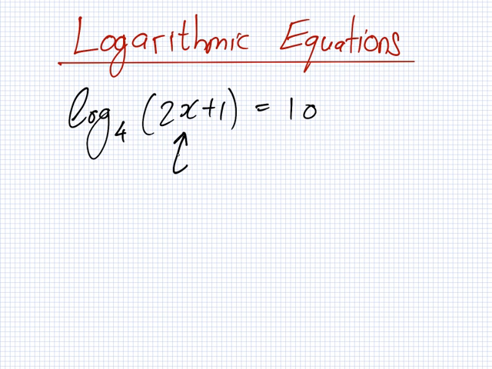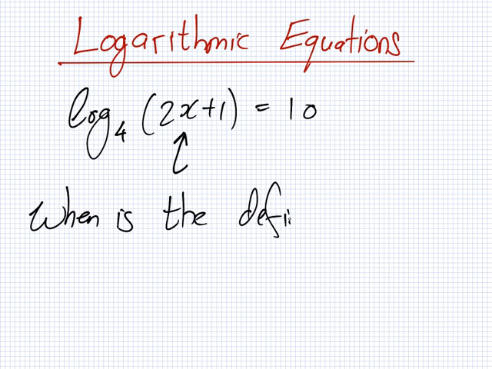Okay? So the first type of question that you might be asked is, when is this defined? So we want to know basically what are the possible answers for x, but we're not going to find x just yet. So this can only be solved if 2x plus 1 is greater than 0.